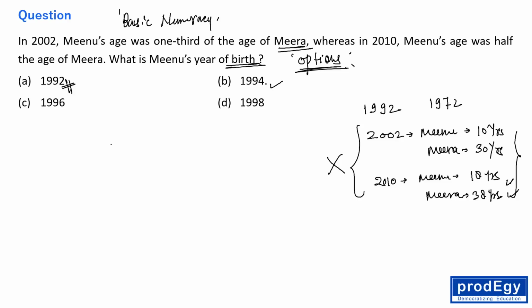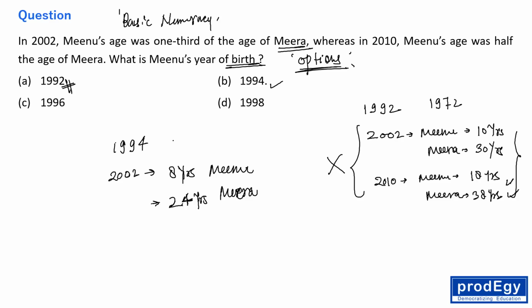Come to the next, 1994. If we assume Minu's year of birth is 1994, then in 2002 Minu was 8 years of age, so Mira will be 24 years of age. 24 years means 8 times 3.